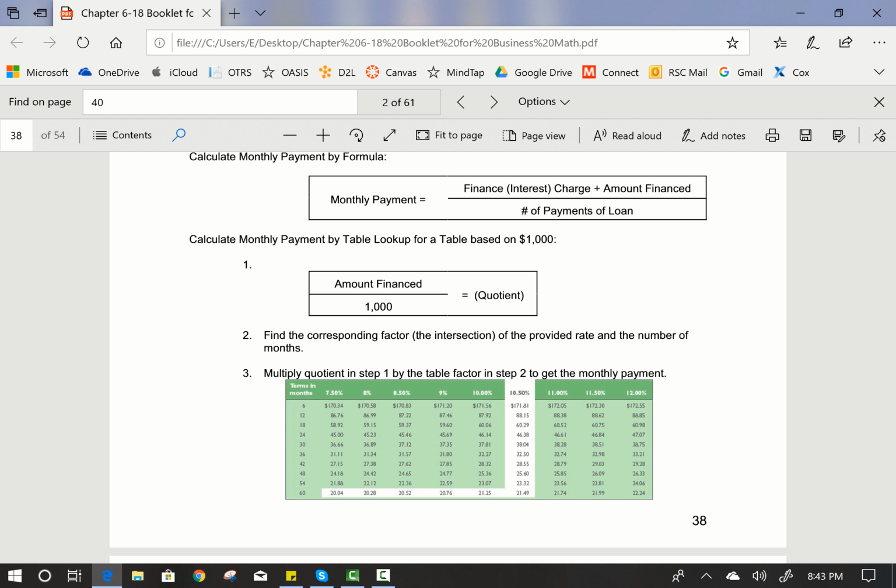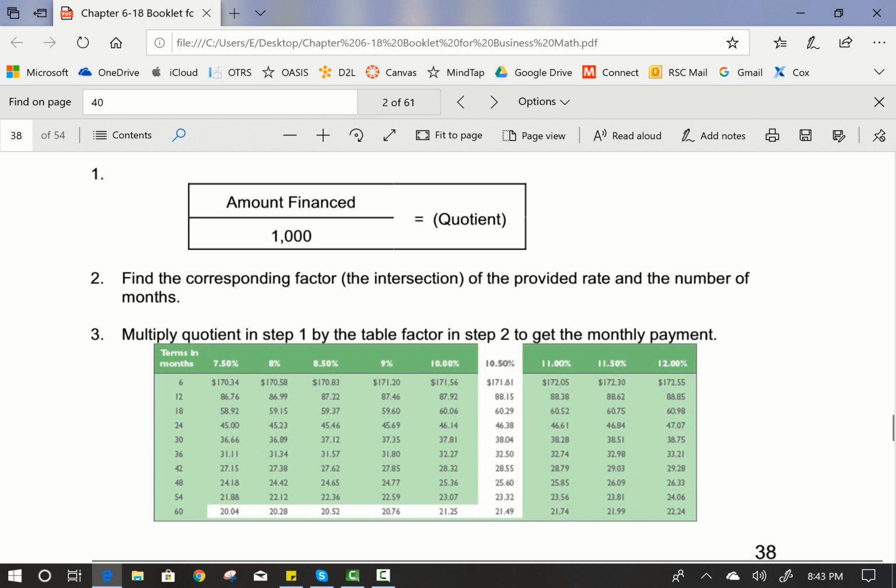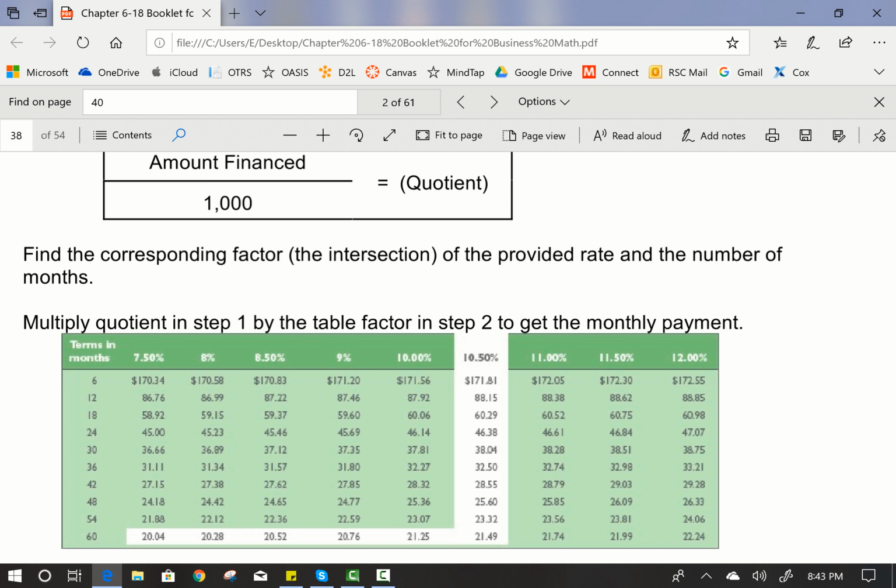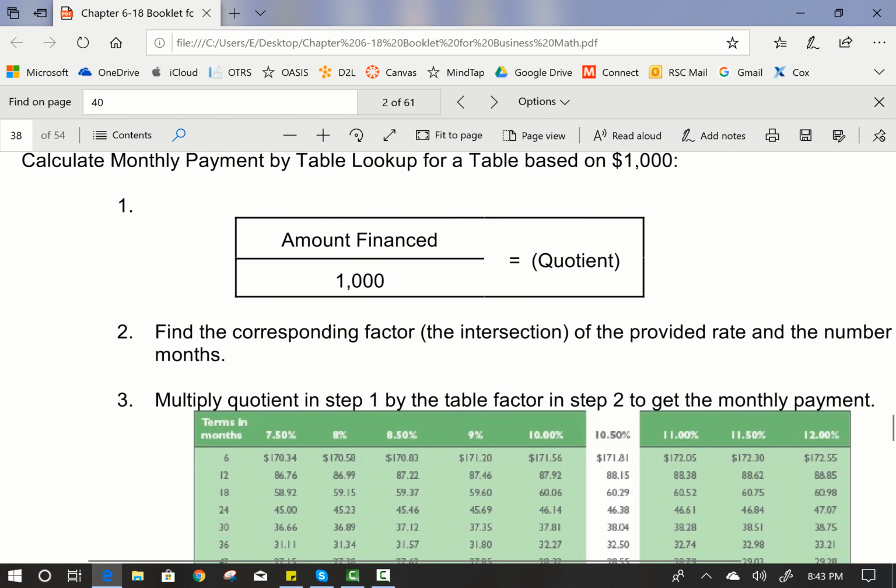and that will equal a quotient. Then you'll find the corresponding factor, or the intersection of the provided rate and the number of months. For example, on this one, it was for 60 months and it was at 10.50%, and the intersection is 21.49.